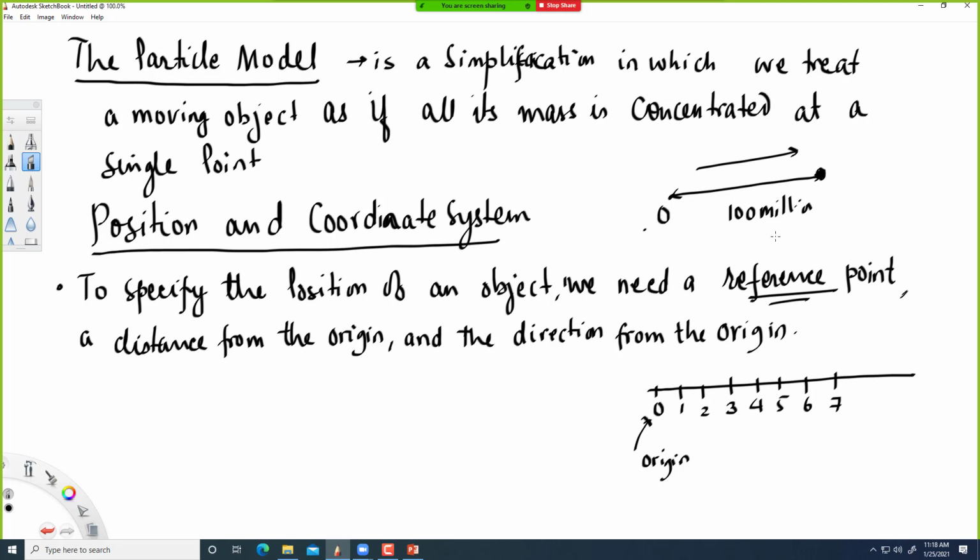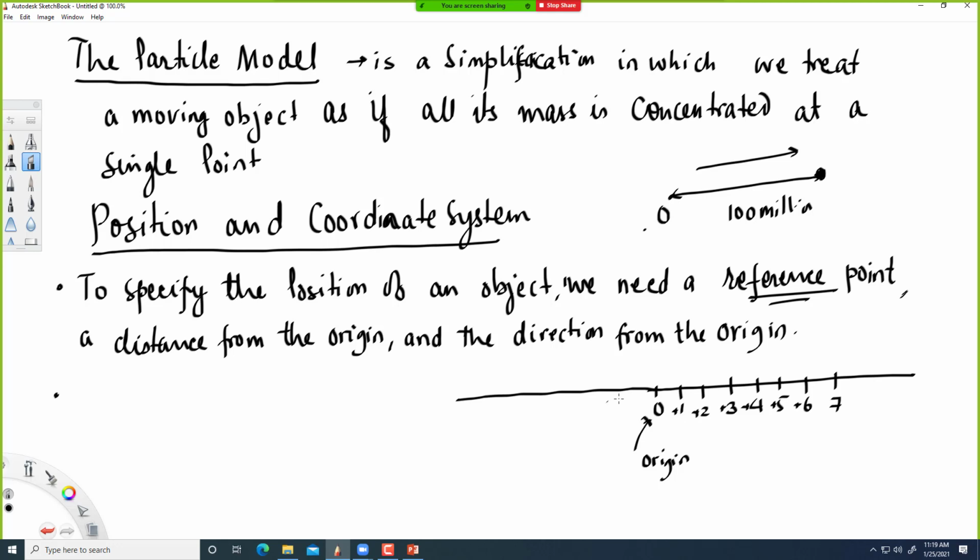Like I said before, the combination of the origin and an axis marked in both positive and negative directions makes a coordinate system. So not just the positive numbers, we also need to write the negative numbers, because sometimes I may be moving to the right of this origin, or sometimes to the left of the origin.